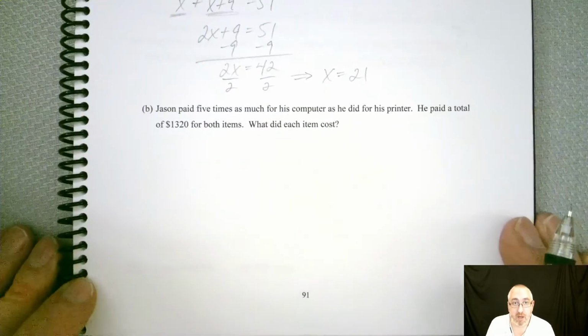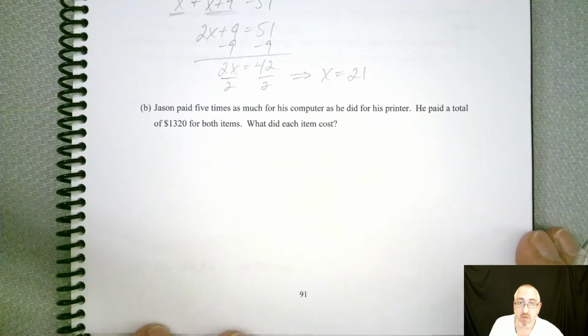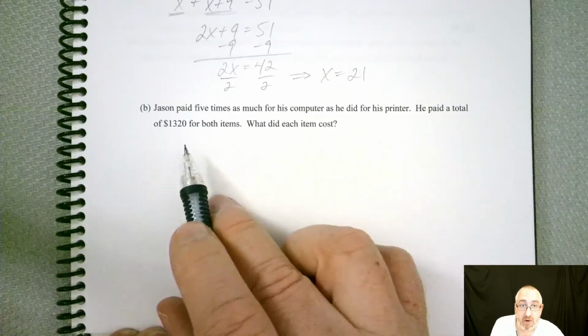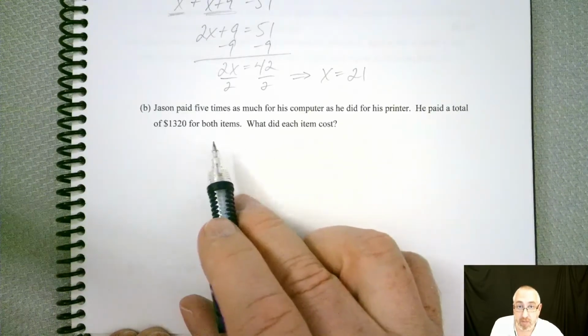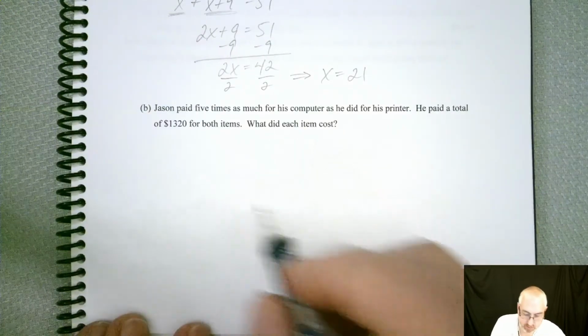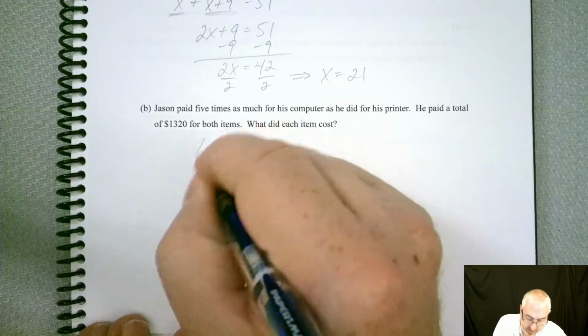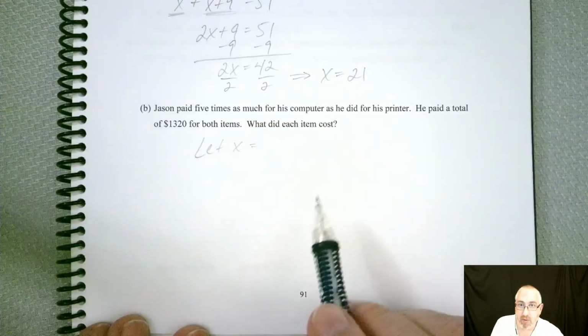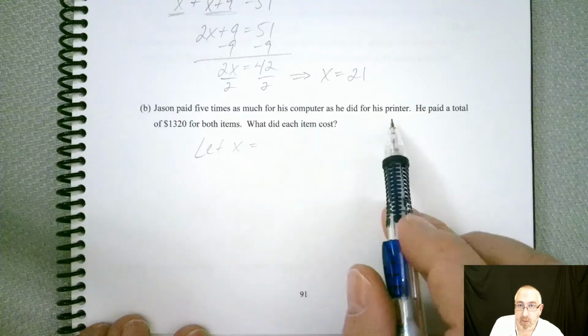All right, let's try the next one. Jason paid 5 times as much for his computer as he did for his printer. He paid a total of $1,320 for both items. What did each item cost? Well, we got to set up our x's. So the question is, what's x? We got those two things. We got the computer and we got the printer.